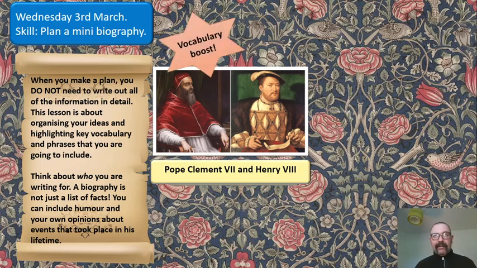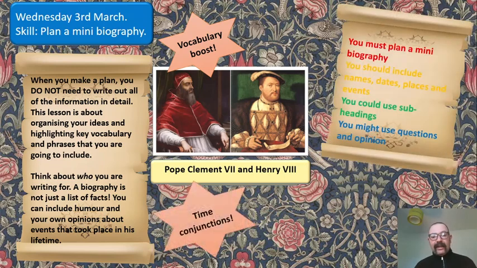Okay, so think about your vocabulary today. It's really important. Think about your time conjunctions. You want to use those, and let's just run through our musts down to our mights. So you must plan a mini biography. You should include names, dates, places and events. You could use subheadings. You might use questions and opinions.